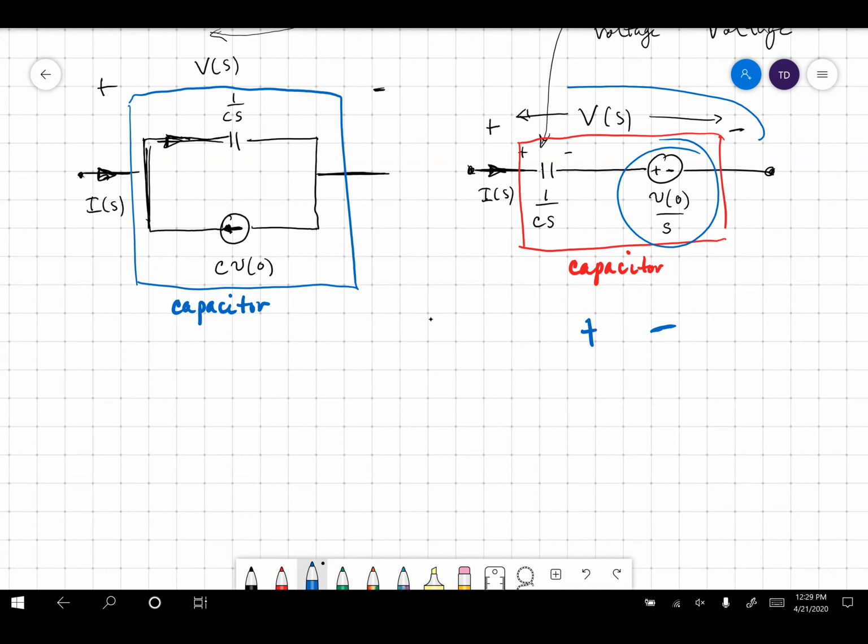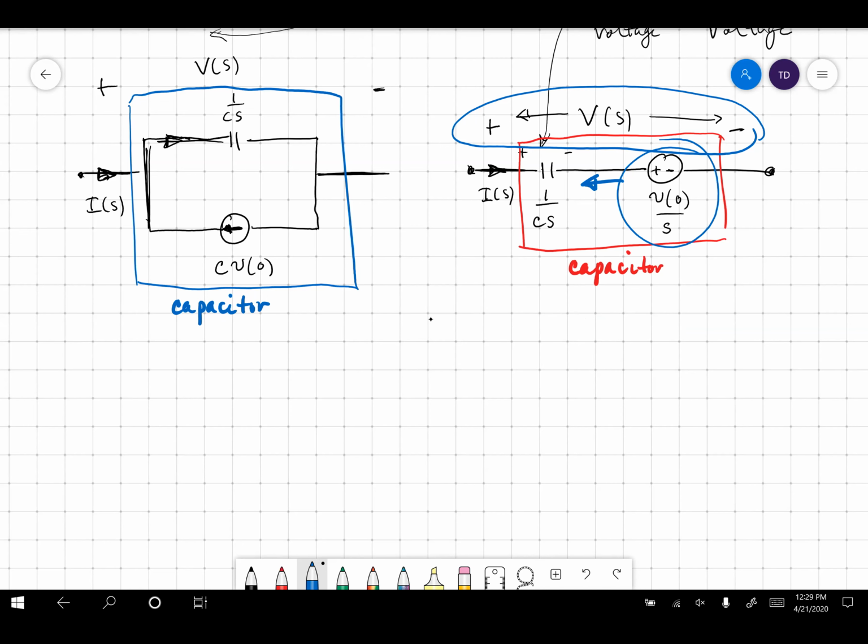If this is the voltage across the capacitor, then the condition of the voltage of the capacitor wants to push current this way. You store a voltage on it, but then when you take that voltage out of the circuit, it's going to want to push current backwards from the direction that the voltage was applied. So it makes sense that that is the direction of the voltage source.